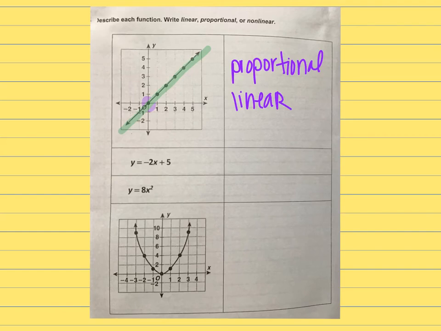Now, if I only have an equation to look at, I could test this out and just see, or I can look at the things that I've been told about. Since this has a y-intercept of positive 5, that makes it not proportional.